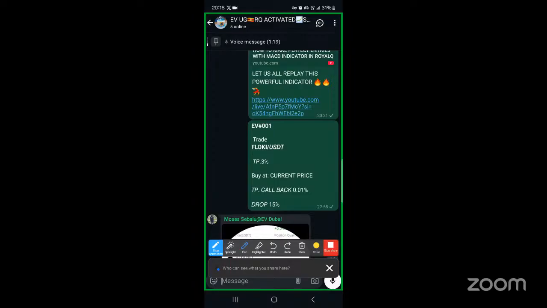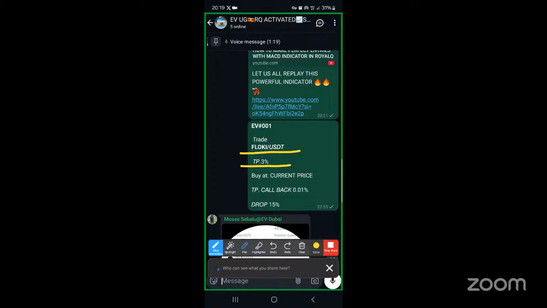Now, when a signal is sent to the group, what do you need out of it? The name here, ignore it. It's just the name of the person sending or a signal code. You don't need it. Then down here, there is the pair, the trading pair.